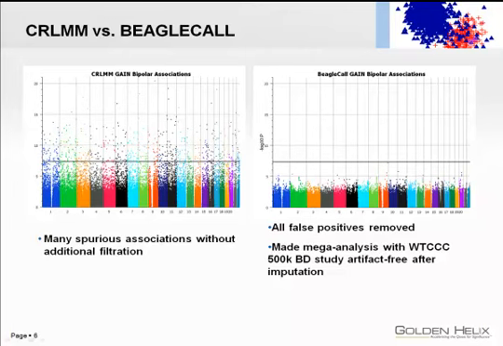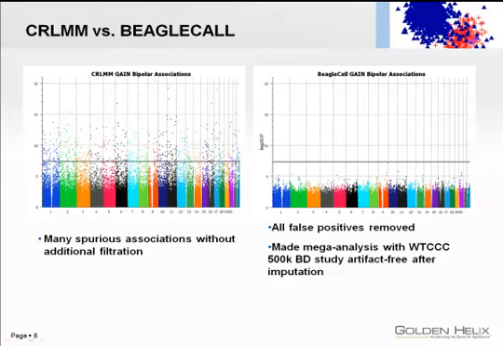Again, they ran their cases and controls in separate batches, and the problem is that the calls were correlated; errors in calls and miscalls were associated with batch. When we use BEAGLECALL, it essentially removed these spurious associations.